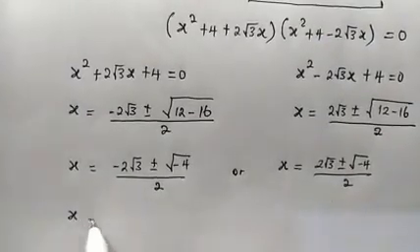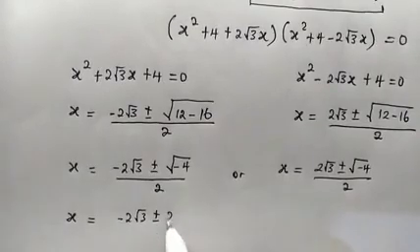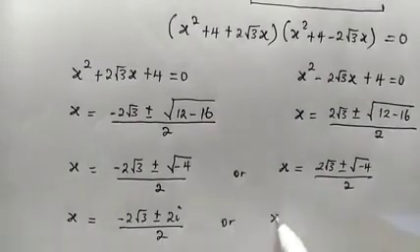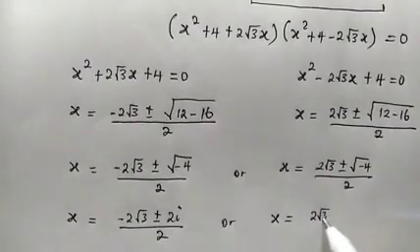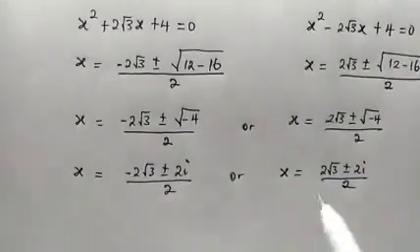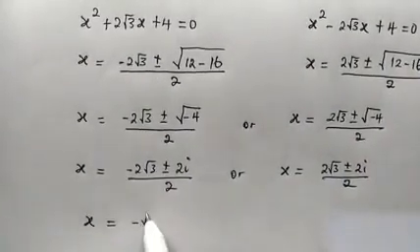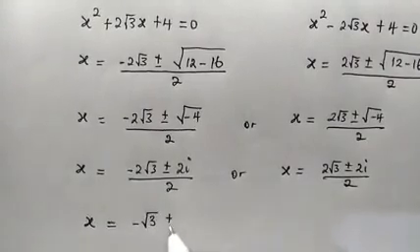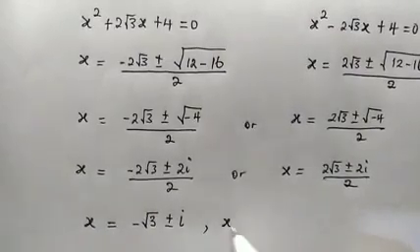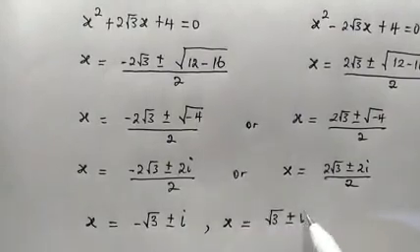So we get x is equal to negative 2 root 3 plus or minus, square root of negative 4 is 2i, divided by 2, or x is equal to 2 root 3 plus or minus 2i, divided by 2. Then we split the denominator, and finally we have x is equal to negative root 3 plus or minus i, right? And from here we get x is equal to positive root 3 plus or minus i.